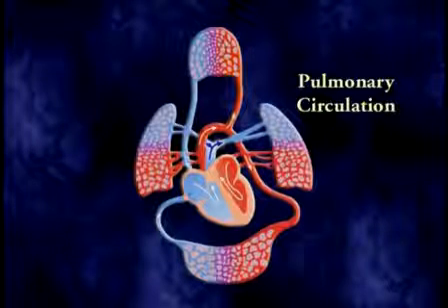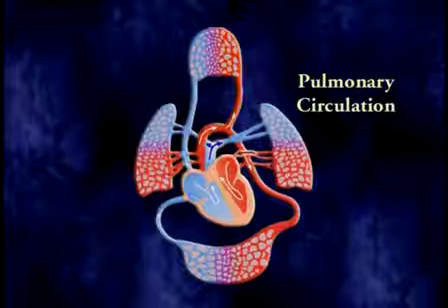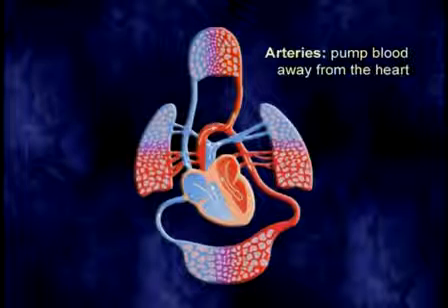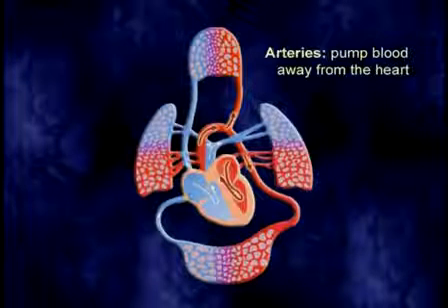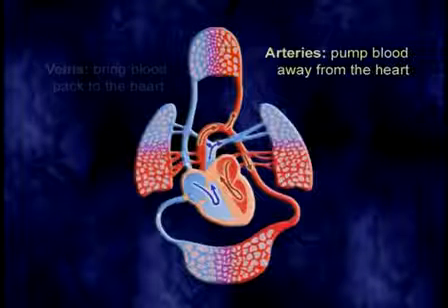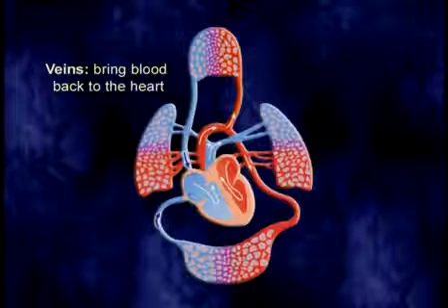And the oxygenated blood is coming back toward the heart. So that definition doesn't hold very well. We really have to define arteries and veins by the direction of blood flow. Arteries pump blood away from the heart, including the pulmonary circulation, which is going away from the heart, and the veins bring the blood back to the heart.